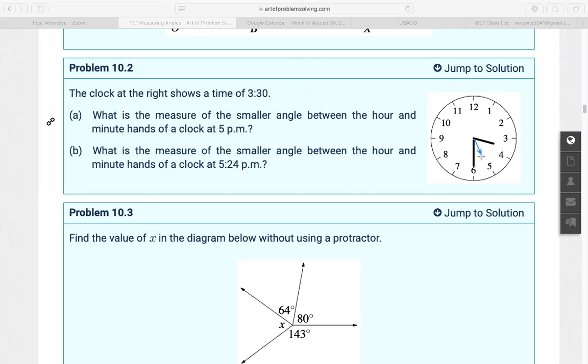Suppose like this, 5, 10, 15, 20, so 24 will be something like this, right? What is that angle?